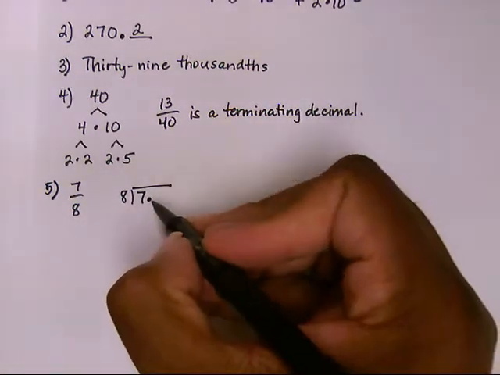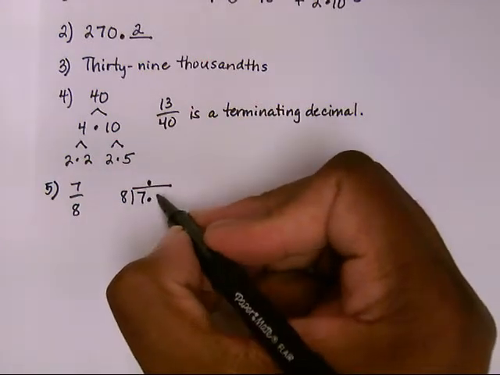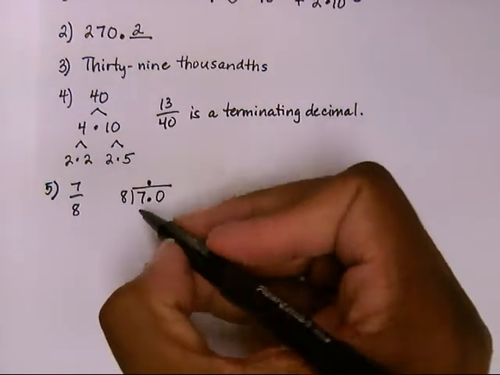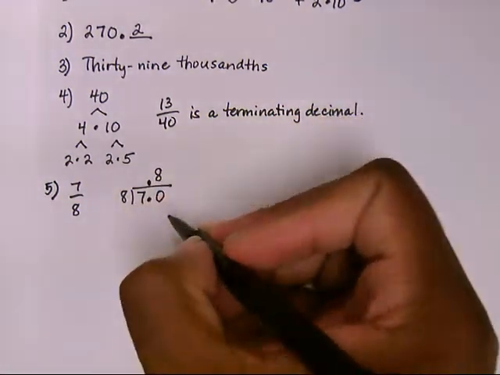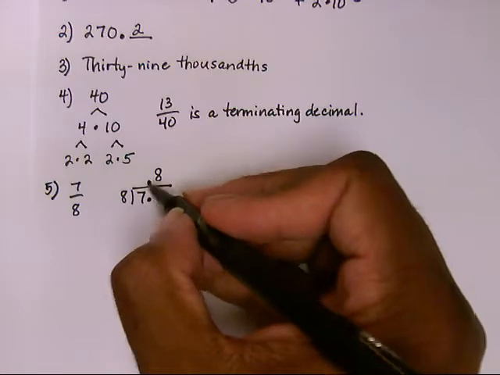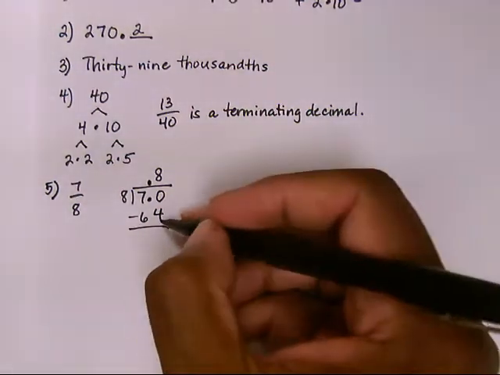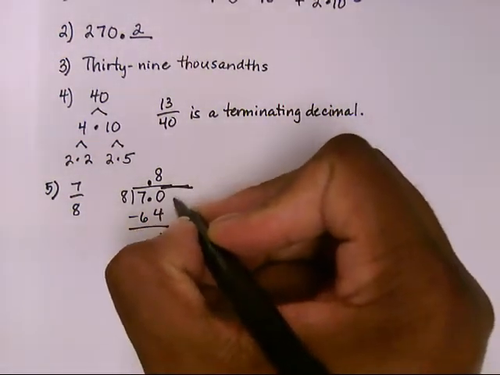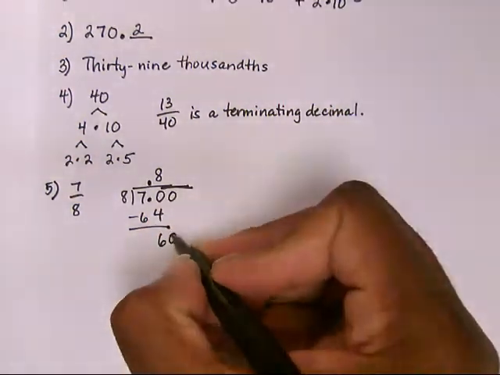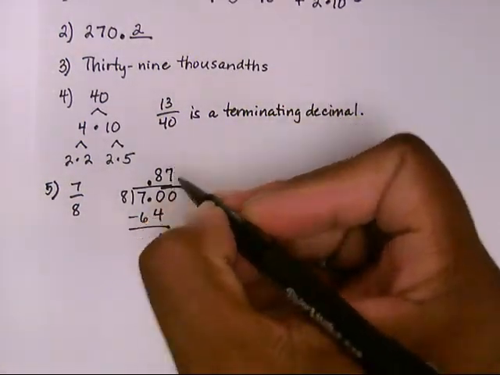And in this case, I had to place a decimal point behind the 7 and bring it up in the quotient, add a 0. And then I can divide 8 into 70. That's going to go 8 times. Then 8 times 8 will be 64. 64 from 70 will give us 6. Here I'm going to add another 0 and bring that down. 8 goes into 60 7 times.